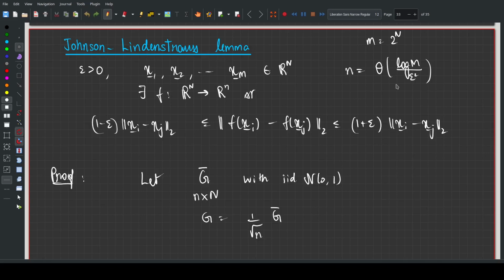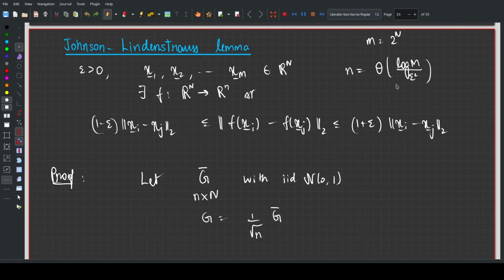Even here, it's not just epsilon tending to 0, there's another point. If m is very, very large, for example at least exponential in capital N, then the right hand side is still linear or polynomial in N, which is not particularly helpful. You don't really get any reduction in the dimensionality.